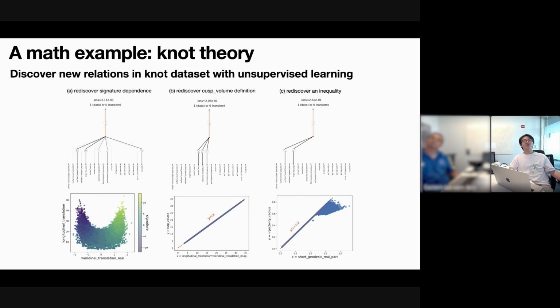And for the other two relations, I myself was quite surprised by discovering these relations, because I wasn't expecting such a thing to happen. But maybe because I do not have a strong background in knot theory. But then I presented these results to my collaborators who are experts in knot theory.